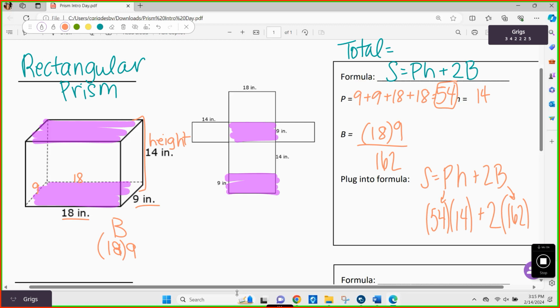Now I'm going to solve it like PEMDAS, right? So I'm going to solve my multiplication first. Solve it and hold it up. When you have it, don't be a blurter. Don't be like Antoine. 54 times 14. What'd you get, Julius?